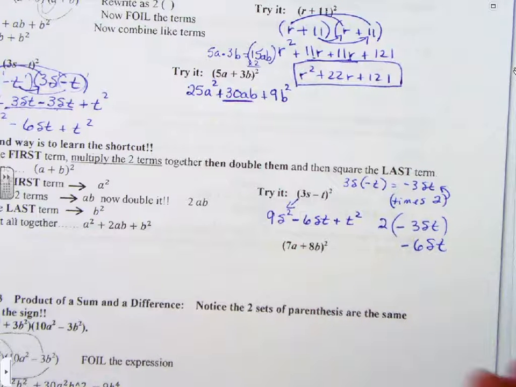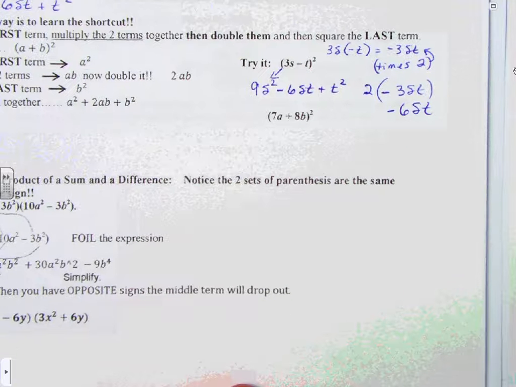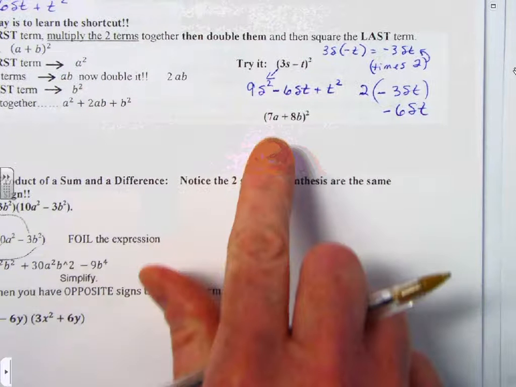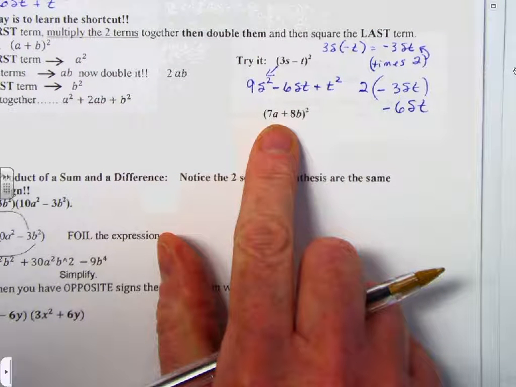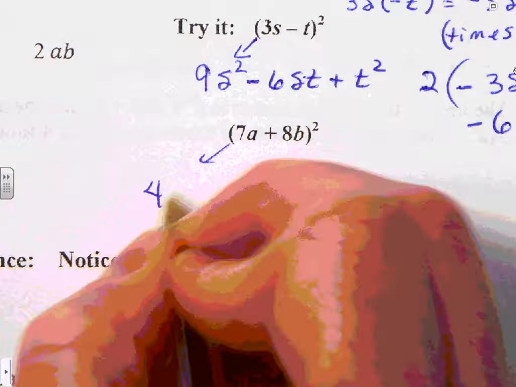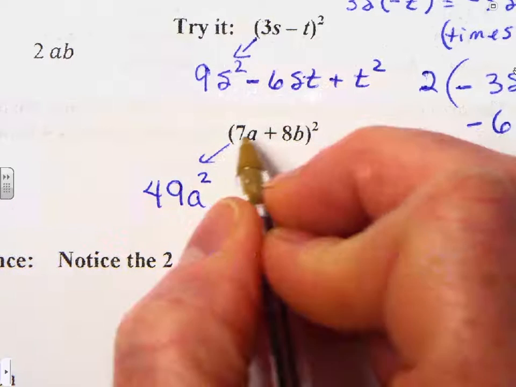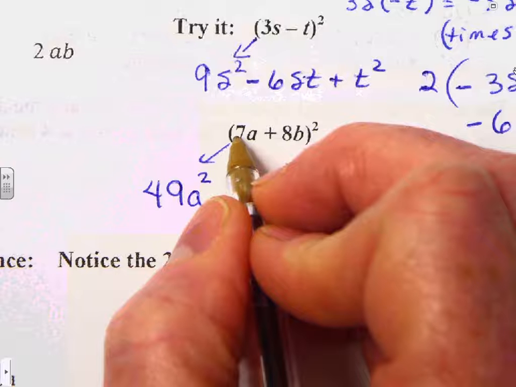Okay, let's try the shortcut one more time on that last one. 7a plus 8b squared. So square the first one. 7 times 7 is going to be 49. And a times a is a squared. Now multiply these two things together.